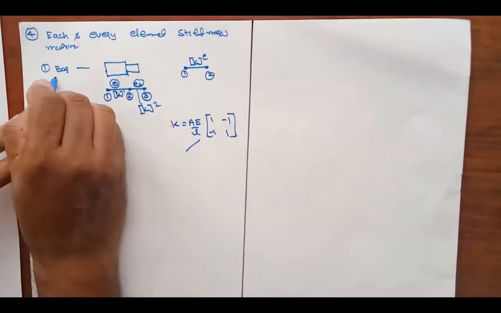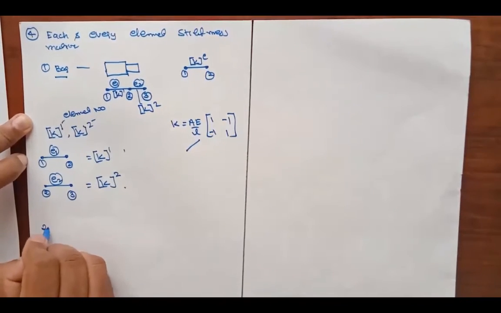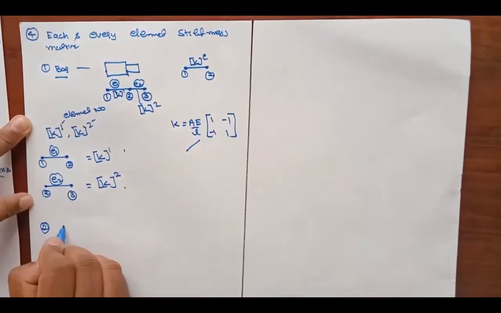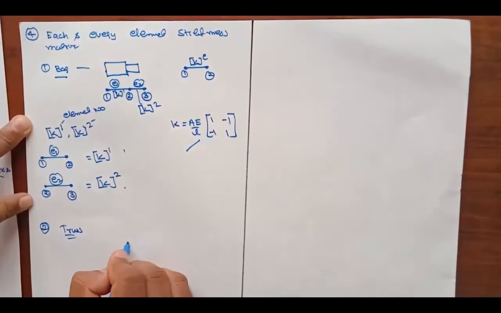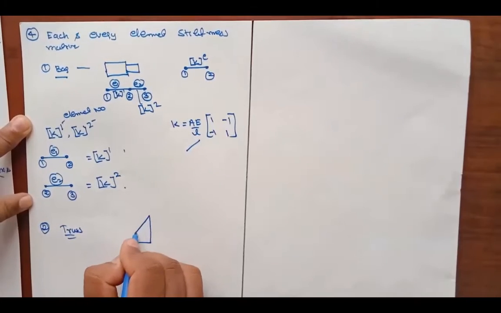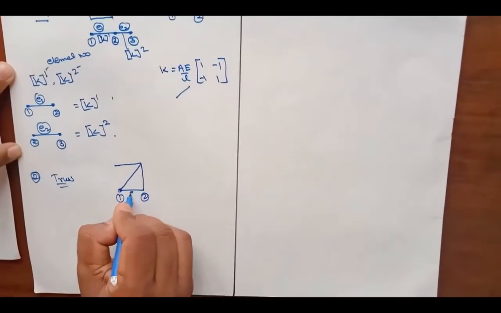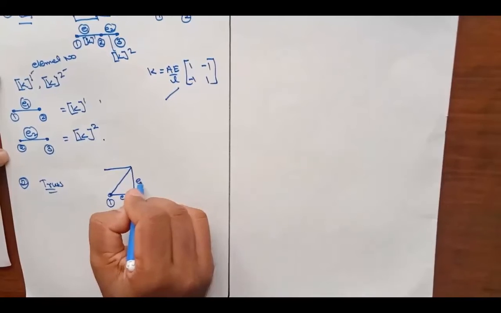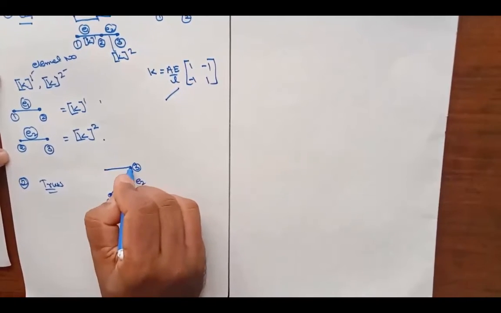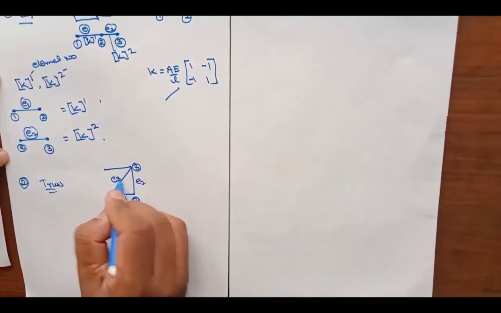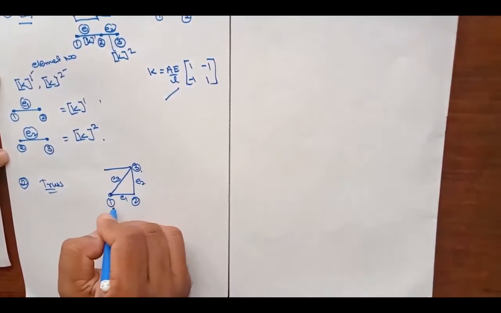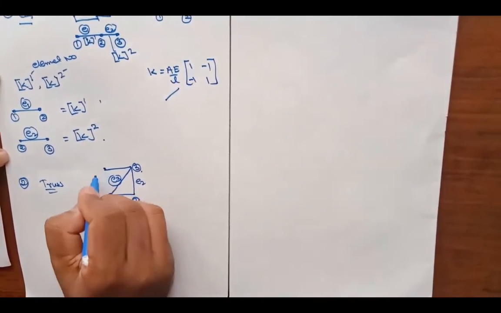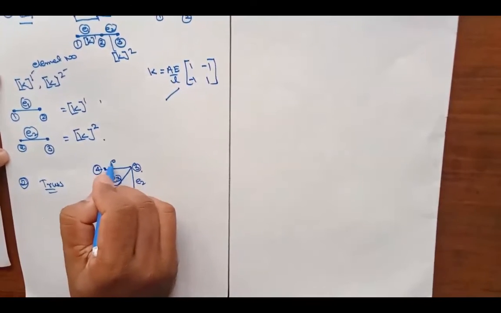So this is for the first problem. Similarly, for the second case we have taken a truss, and here the truss has 4 elements. The first element has nodal numbers 1, 2, and this is element 1, the second element is 2, 3, the third element has nodal numbers 3, 1, and the fourth element has nodal numbers 3, 4.